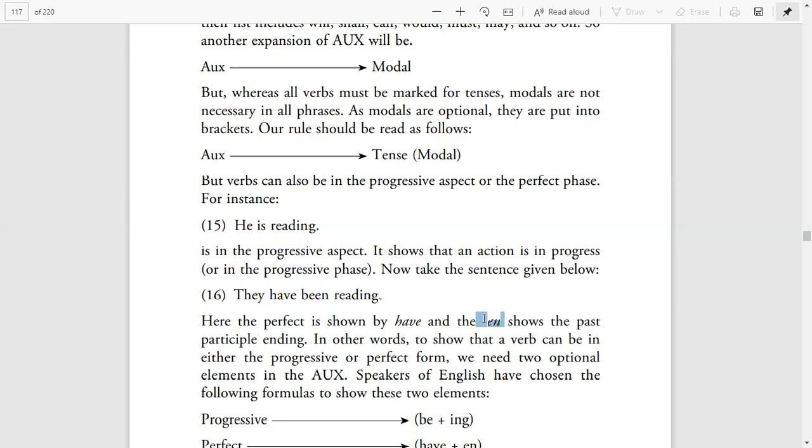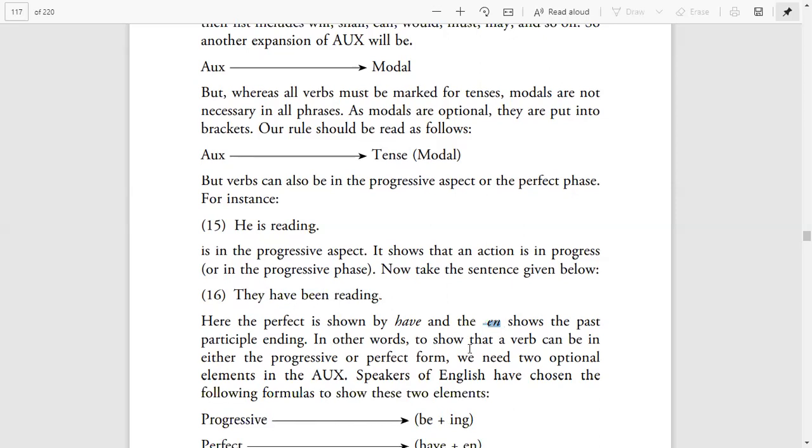Although you do not always use en, sometimes you use ed for the past participle, still you will show this past participle with the help of en, right? You will use a past participle after that have.